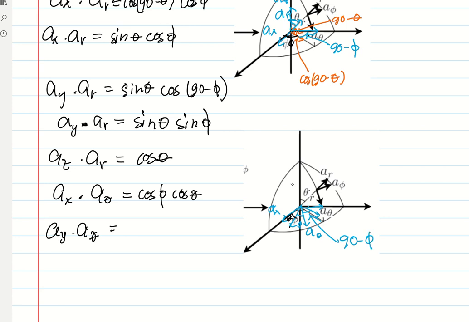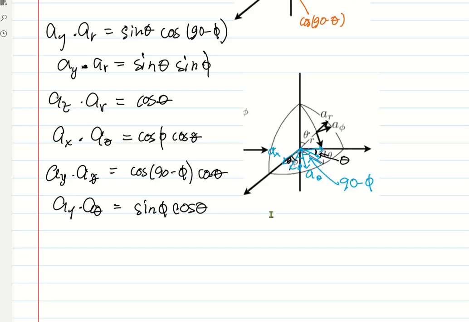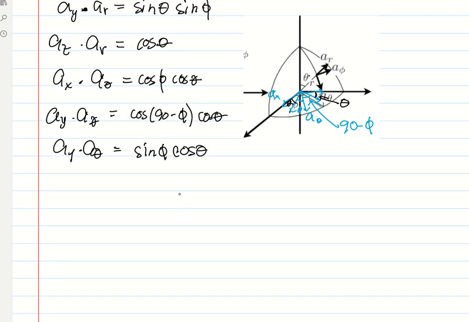So here, we will multiply this with cosine of 90 minus phi. That's the projection of a theta. Then we take the dot product again, and this angle again is theta. It's the same as that angle here, theta. We multiply it with cosine theta. And what is cosine of 90 minus phi? That is just equal to sine phi. Sine phi cosine theta. Next, for az dot a theta.